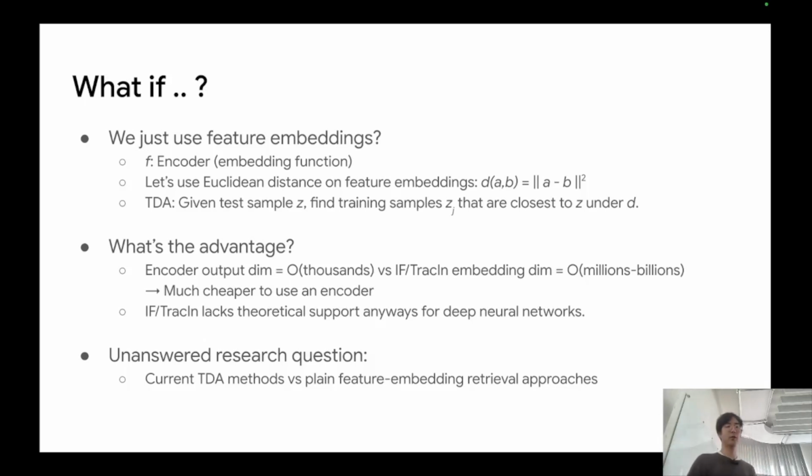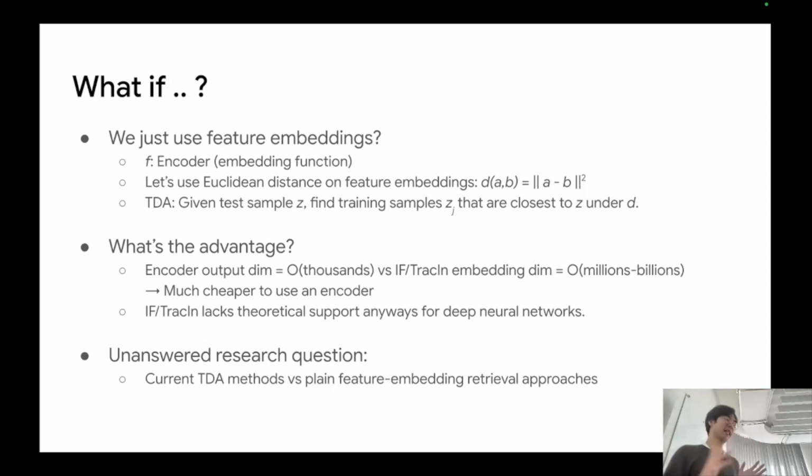What if we just use feature embeddings instead of so-called influence embeddings, where you take the parameter gradient of the loss? This parameter gradient of the loss is called influence embedding in some contexts. And this is a huge dimensional vector. Depending on the size of the network, it can be millions or billions.